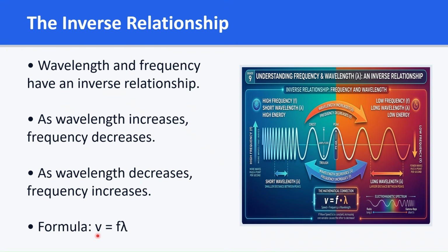Again, v is the wave speed, f is the frequency, and lambda is the wavelength. So remember this formula in finding the wave speed of a wave.